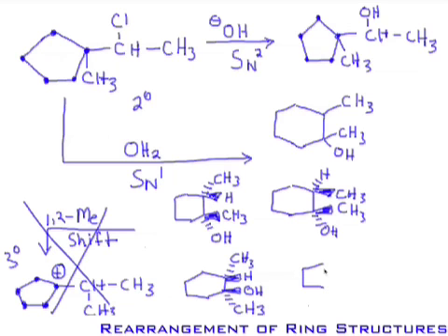Or I could take the original, keep the top chiral center unchanged, and change the bottom. So if I was asked to draw all 4 stereoisomers, I could do that. So all 4 stereoisomers would form. All right.